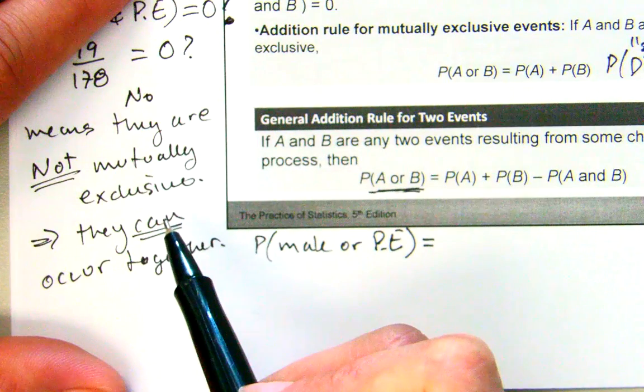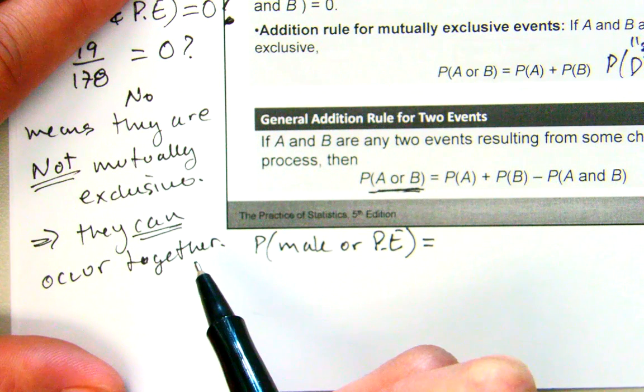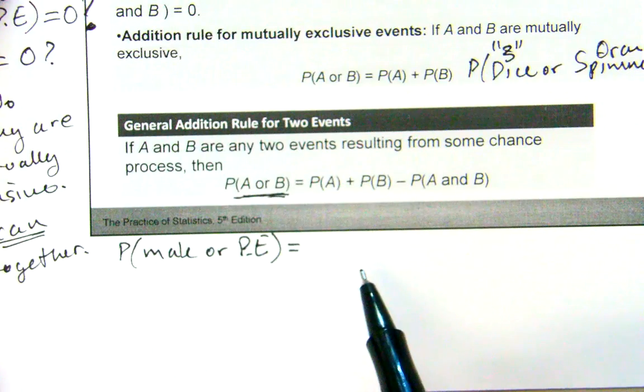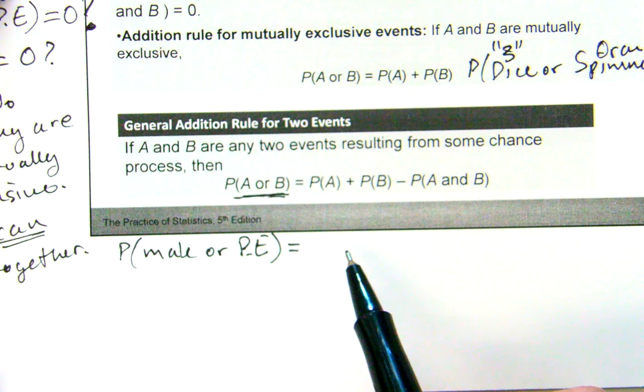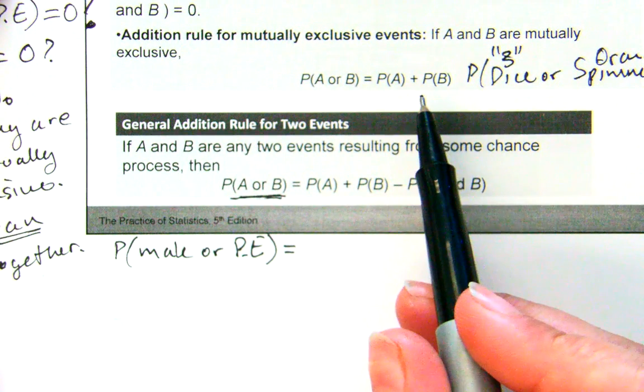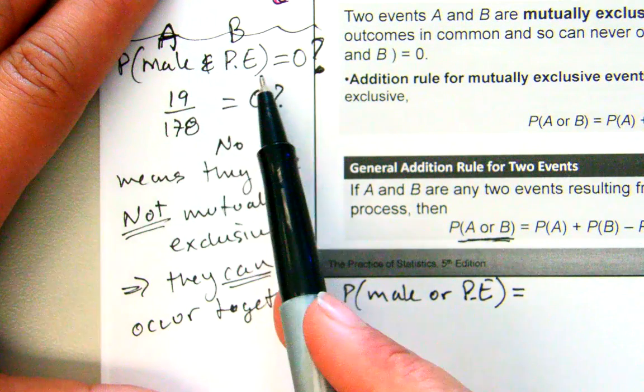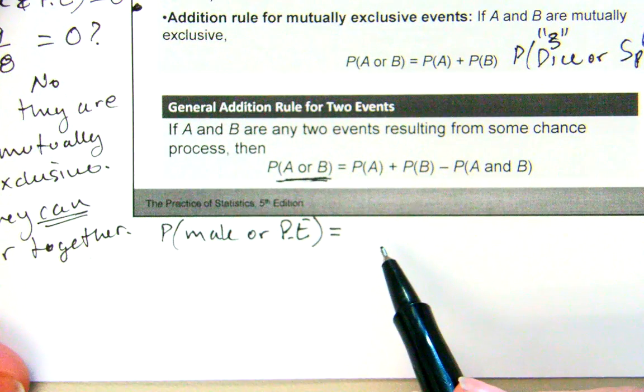But I actually did over here. So that means they can occur together. So if you know they're not mutually exclusive, you have to use this rule. There's no other option. You can't use the top one because those are only for mutually exclusive events. But since we did find out that being male and having pierced ears is not mutually exclusive, we're going to use the general addition rule.